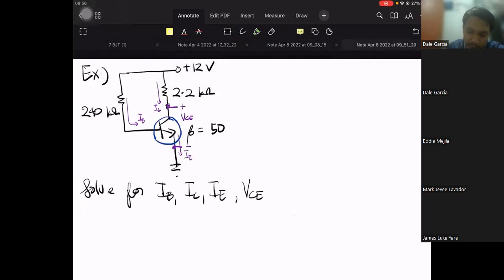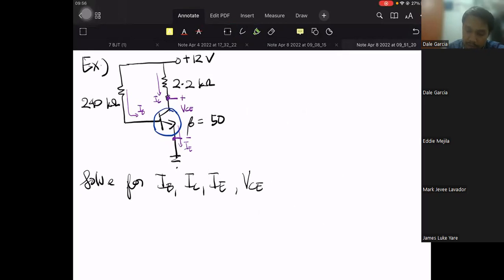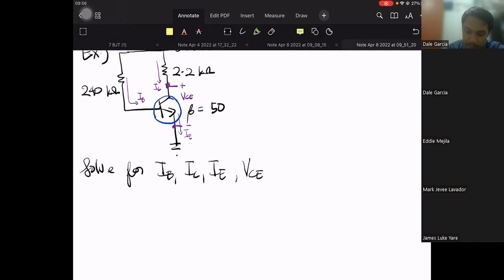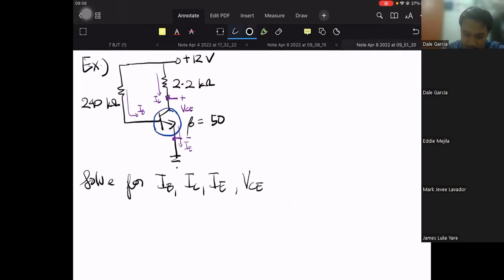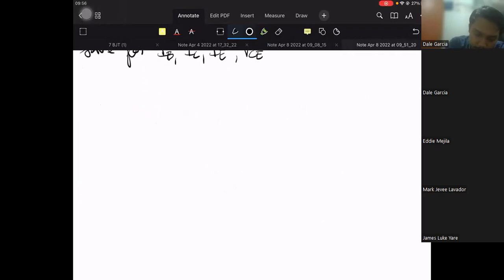You could derive those equations directly from the circuit. I think I have memorized them based on what I have covered so far.